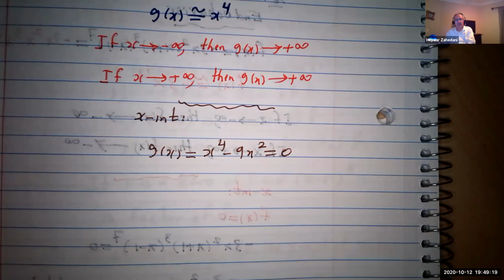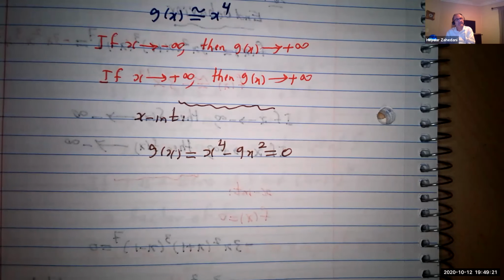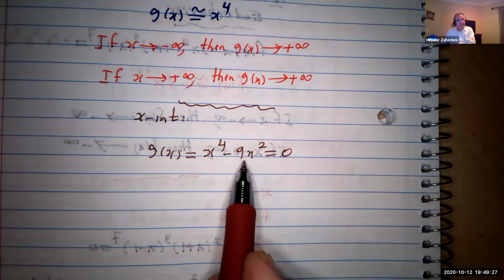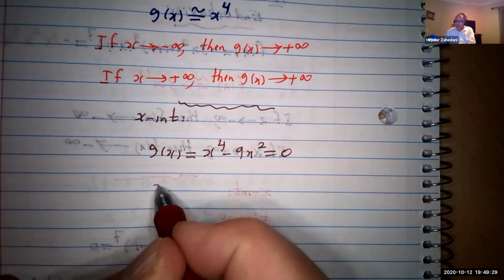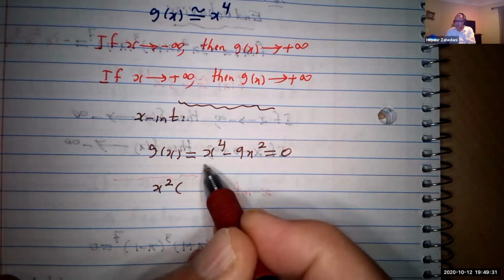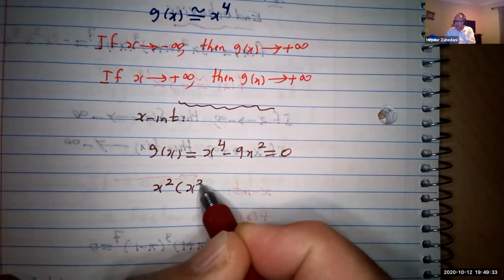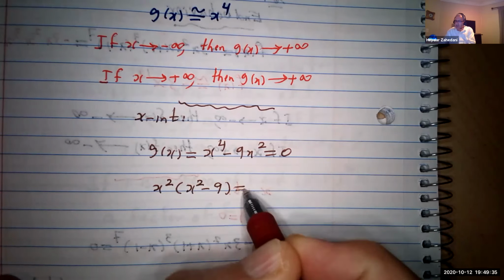Now you have to factor it yourself. It's going to be factorable, so we pull out x squared as a factor: x squared times x squared minus 9 equals 0.